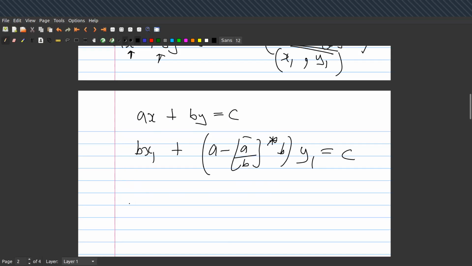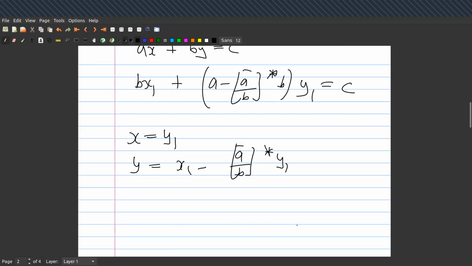The coefficient of A is y1, so x equals y1, and y equals the coefficient of B, which is x1 minus A by B times y1. So this gives us the basic equation.